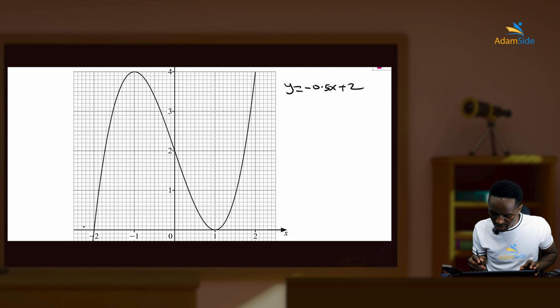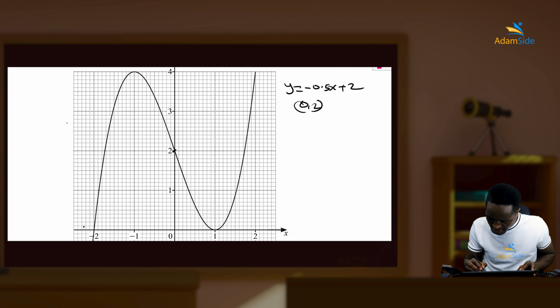First of all, the y-intercept is 2. Find points. At the intercept it's 0, 2. And then find another point.